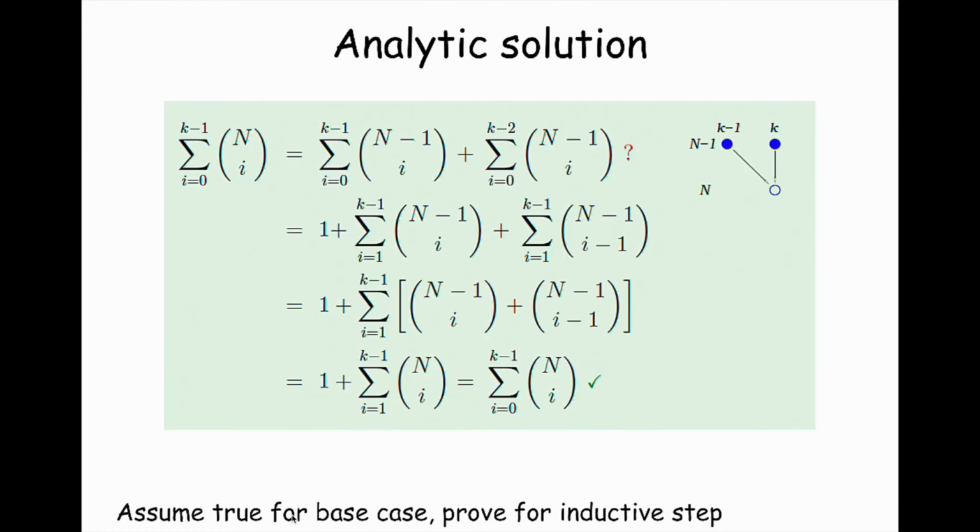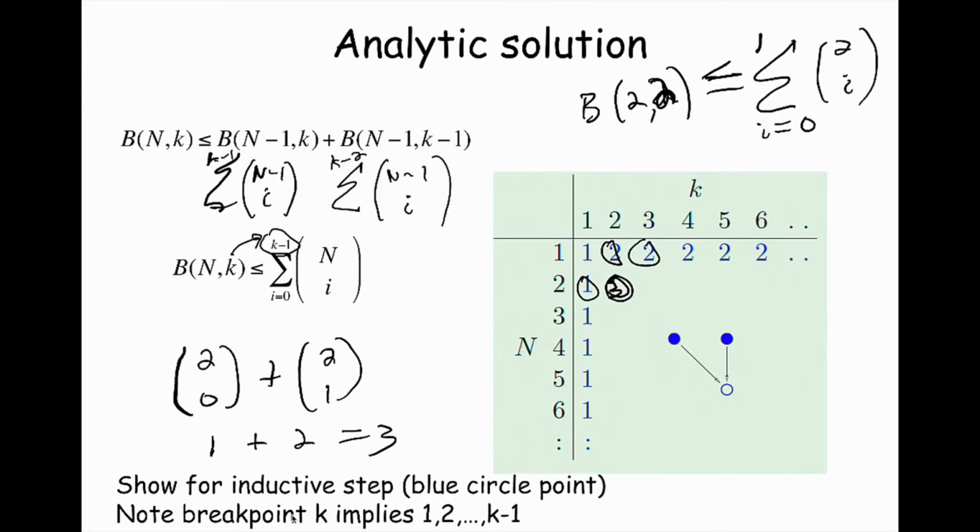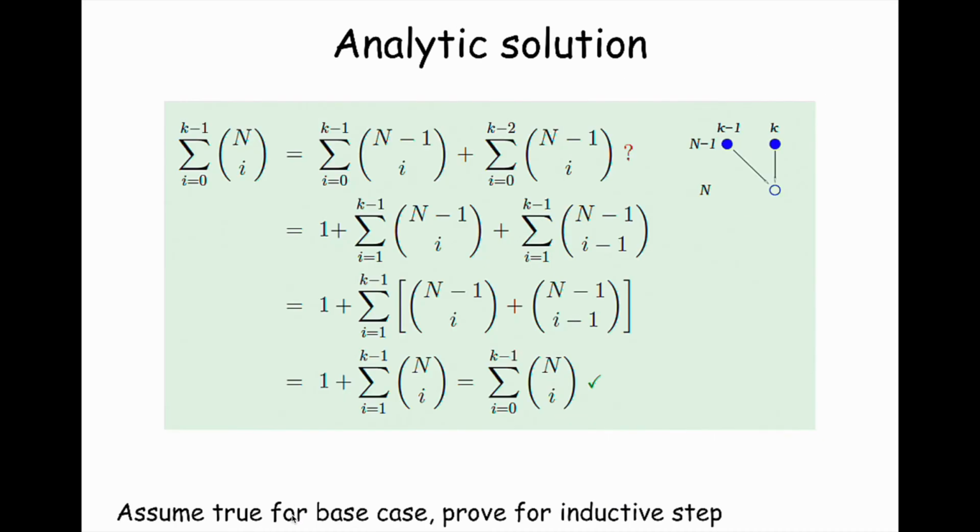So in this expression, we're going to write, using that recurrence relation, a definition for what that sum is. And so we have the sum, i goes from 0 to k minus 1 of n choose i, is equal to the sum i goes from 0 to k minus 1 of n minus 1 choose i. That's for the b of n minus 1 comma k term. And then we have the sum i goes from 0 to k minus 2 of n minus 1 choose i.